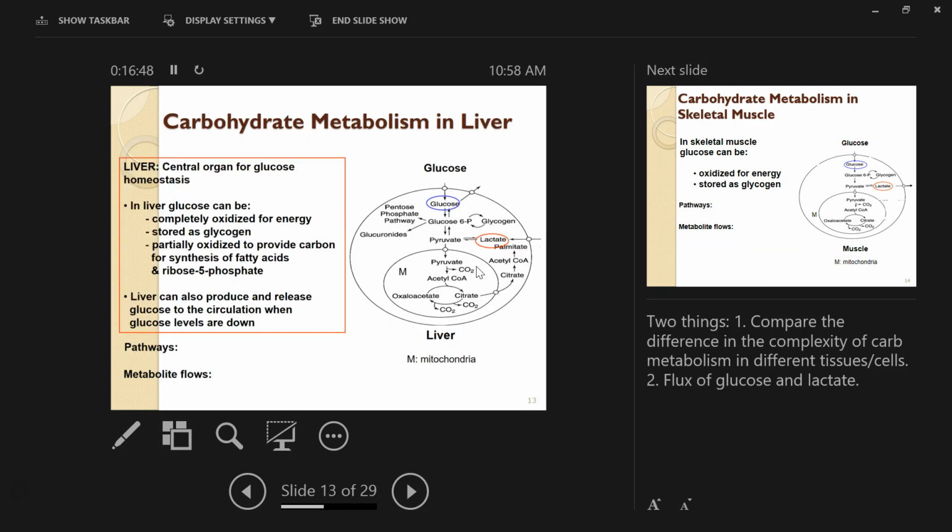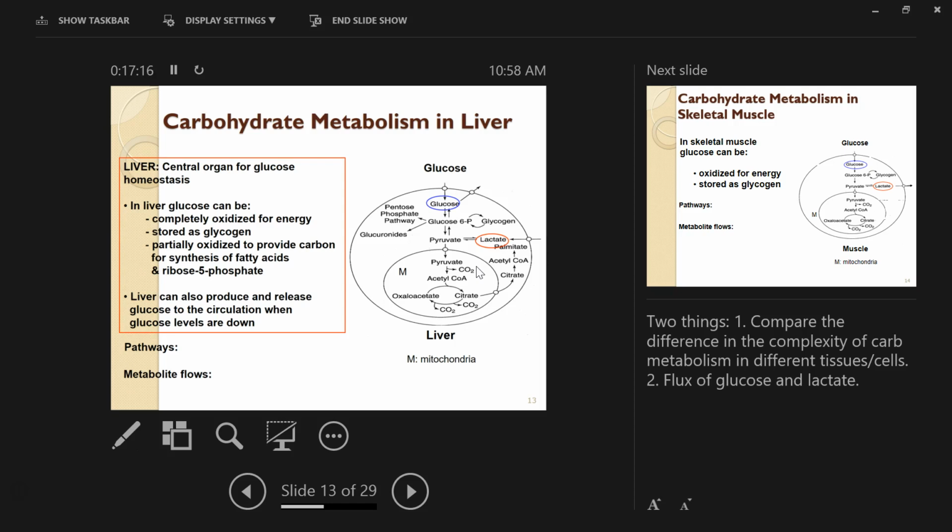And you also need to know the metabolite flow. For example, under the fasting condition, the liver makes glucose and releases glucose into circulation, and also takes up lactate from the circulation, which initially comes from red blood cells and muscle, to make glucose.